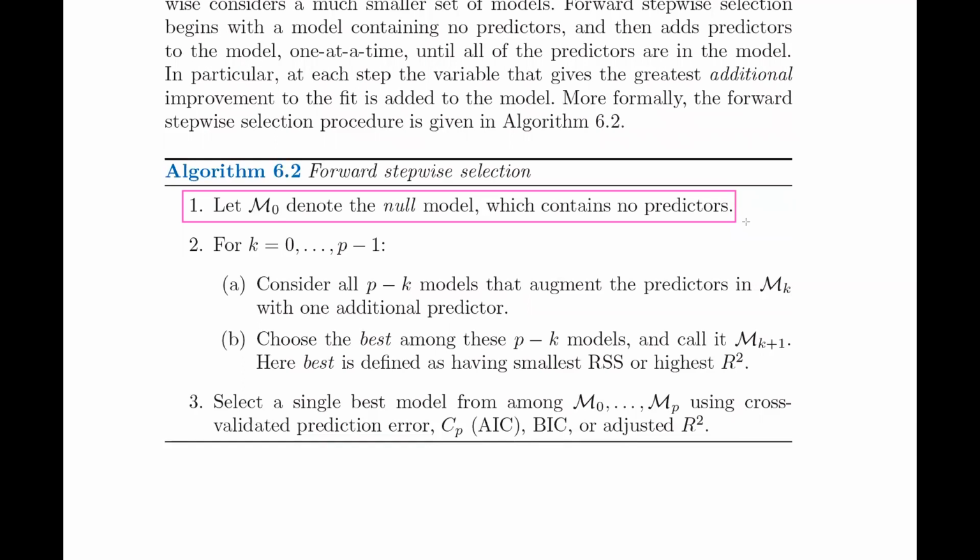Now, we have a loop over here, and it takes, as a first iteration, when k is 0, we consider all, so this would just be p models that augment the predictors in M_k, so M_0, with one additional predictor.